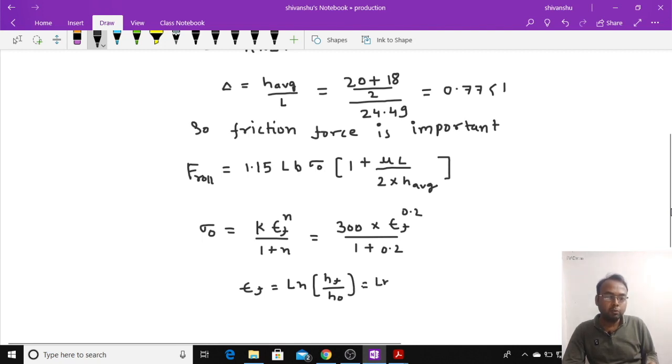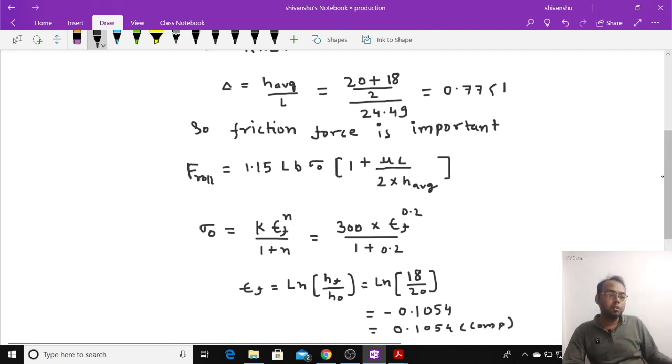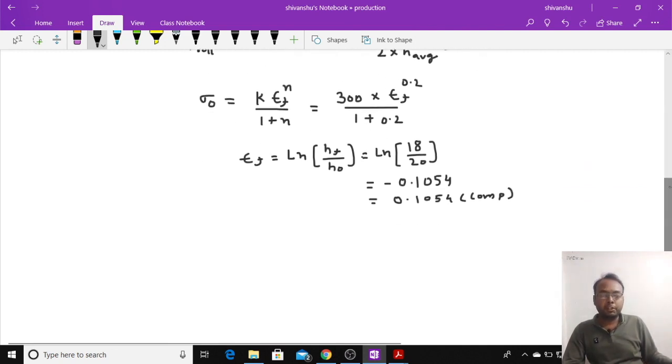When we put the value, final thickness is 18 divided by 20, so we get the value as minus 0.1054. This is in compression, 0.1054 in compression, because we all know rolling force is compressive force.